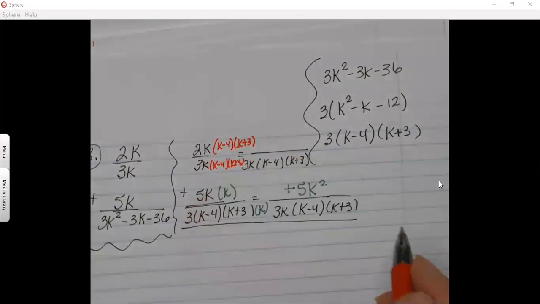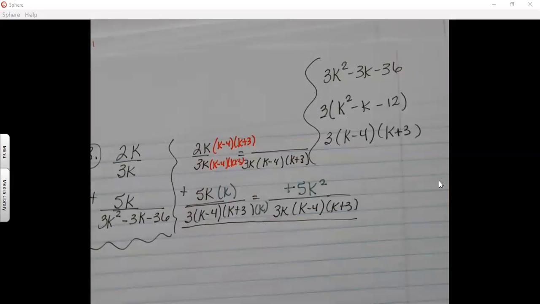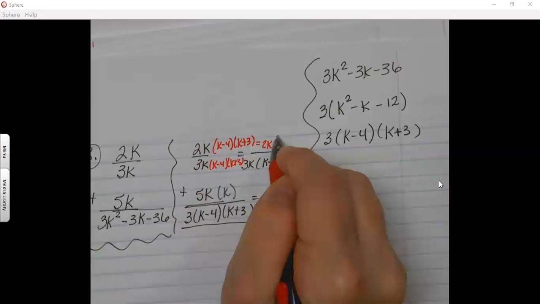So I'm going to have 2k times, well, we already know that k minus 4 times k plus 3 is k squared minus k minus 12 because we just did the math over on the right side of our paper.